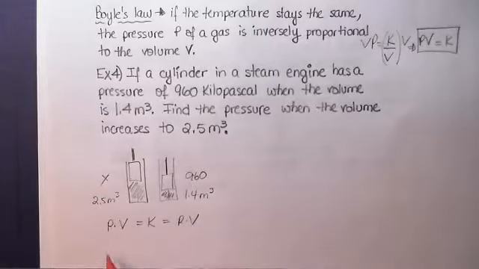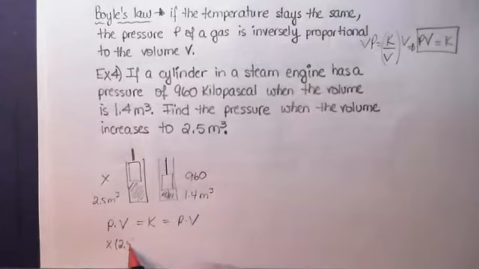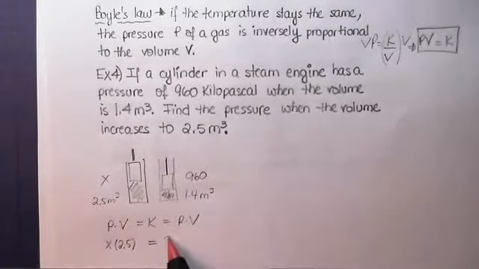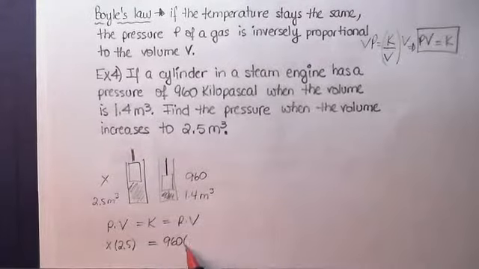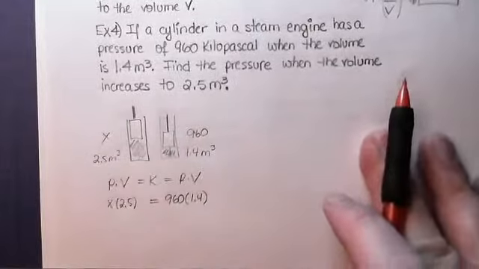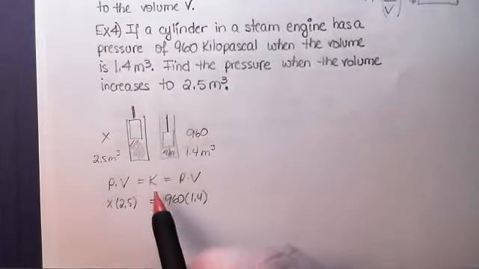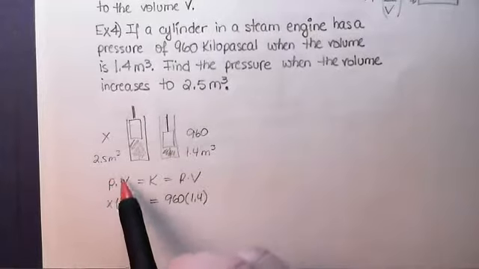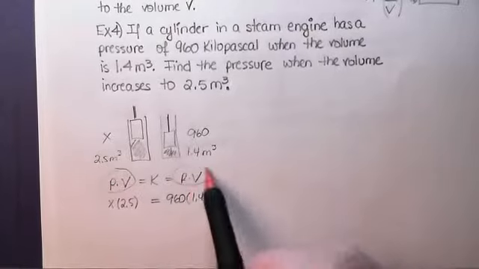The pressure here will be X, and the volume would be 2.5, and the pressure on this one would be 960, and the volume would be 1.4. So here's an equation where I can solve for X, and that's the power of having that constant there. It allows us to say this is the same as that.